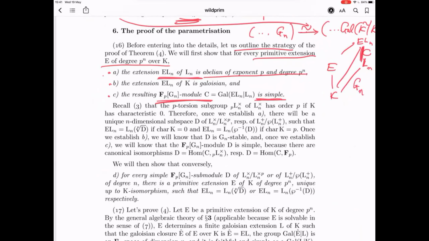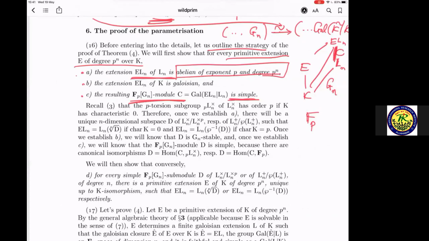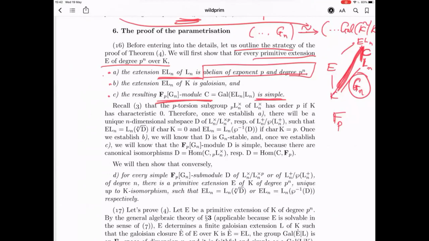And C is an FP space because it's abelian of exponent P, and a Gn module because E Ln is Galois over K. And therefore, this C becomes an FP Gn module, and as such, it is a simple module.